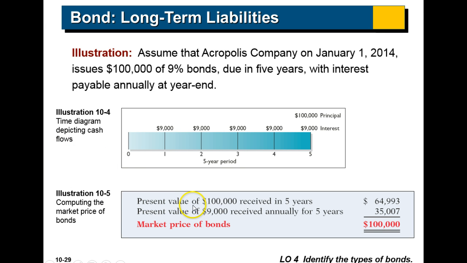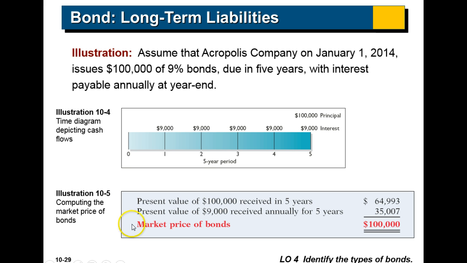So the present value of $100,000 received in 5 years, let's say today, is $64,993. And then we might take the present value of $9,000 received annually for the next 5 years. That's $35,000.